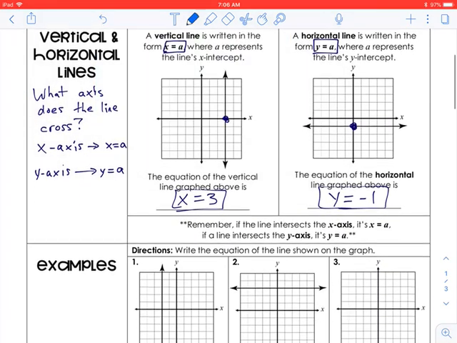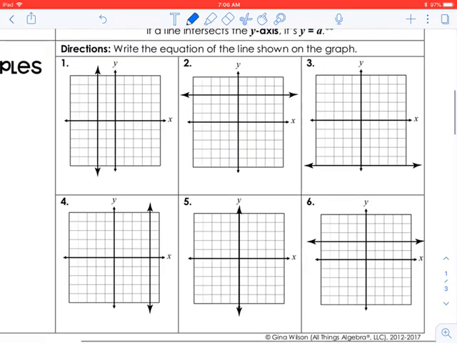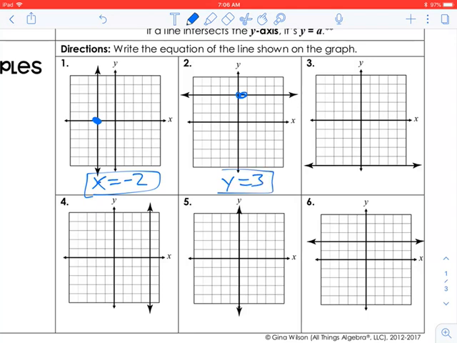So you have to think about that when you're trying to find your different equations. So this crosses the x-axis at -2. So x equals -2. Done. This crosses the y-axis. y equals 3. Done. This crosses the y-axis as well. y equals -1, 2, 3, 4, 5. So -5.